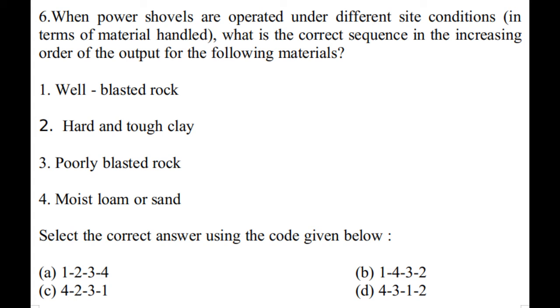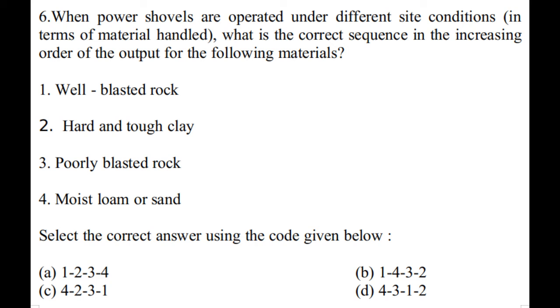In the increasing order of output, first it will come the moist loam or sand. So now if you know about it, then option A and option B are eliminated. Now it is the choice between option C and D, because you know that the moist loam or sand will be the first one in the sequence.